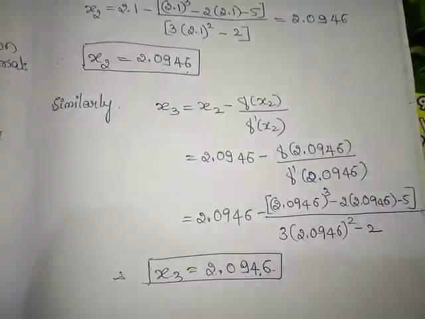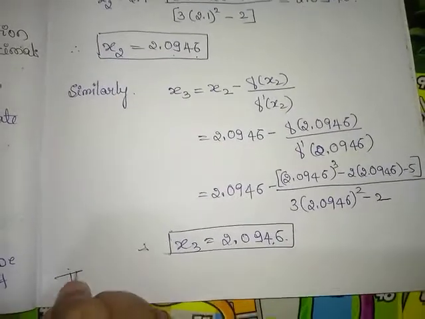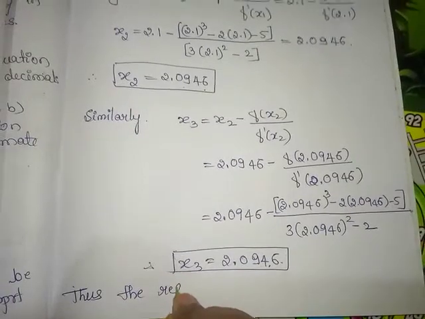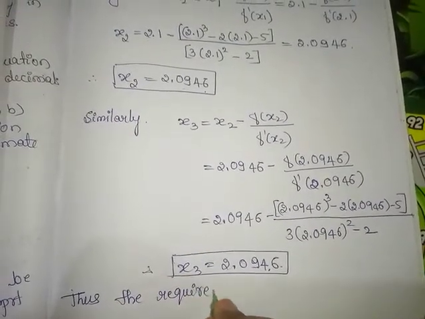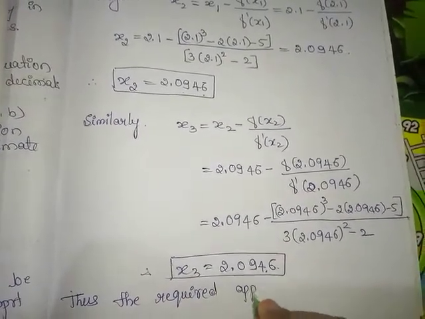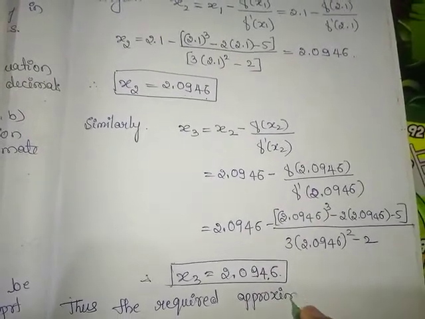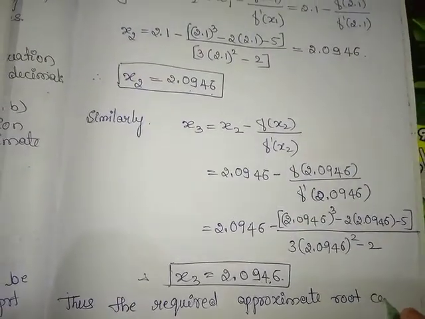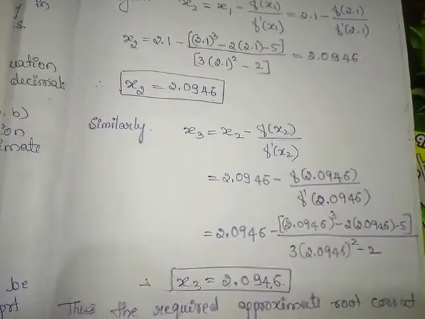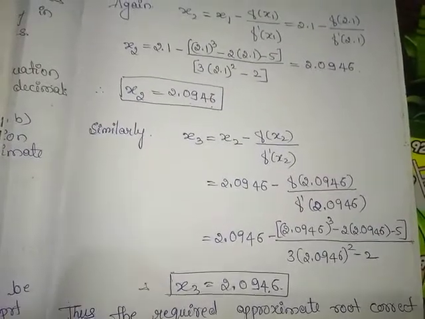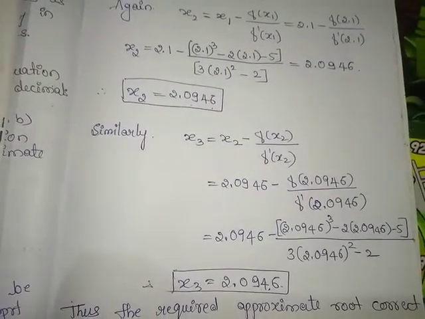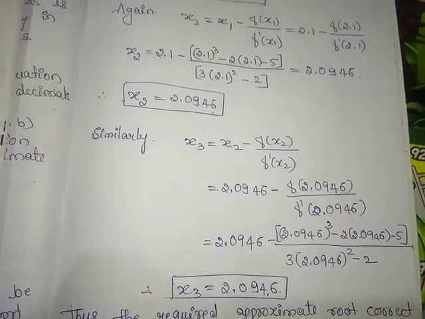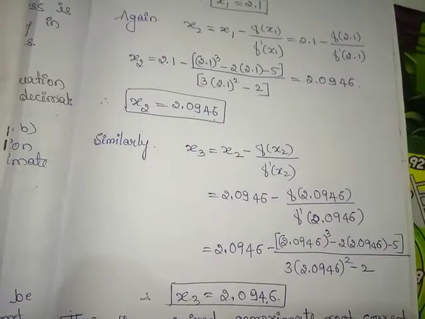Thus, the required approximate root correct to 3 decimal places is 2.09.